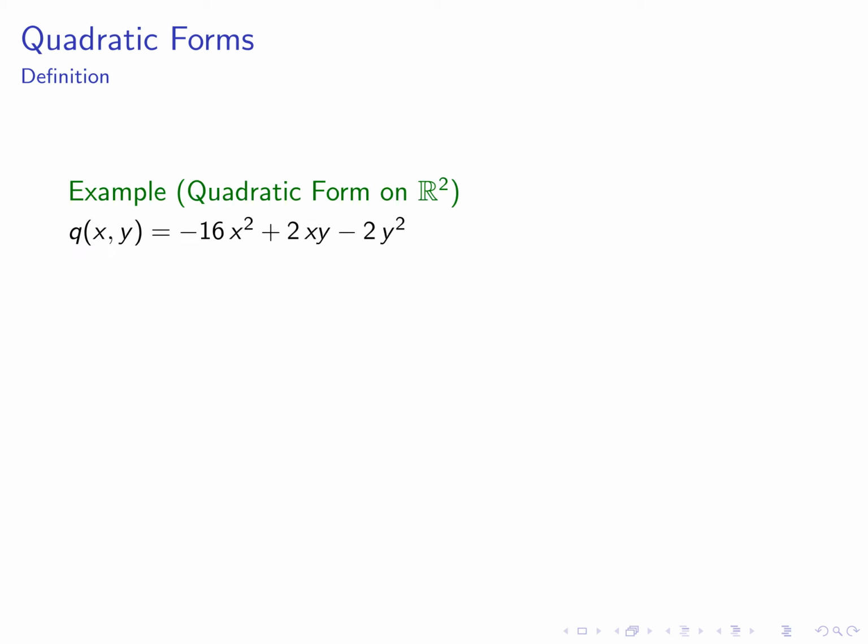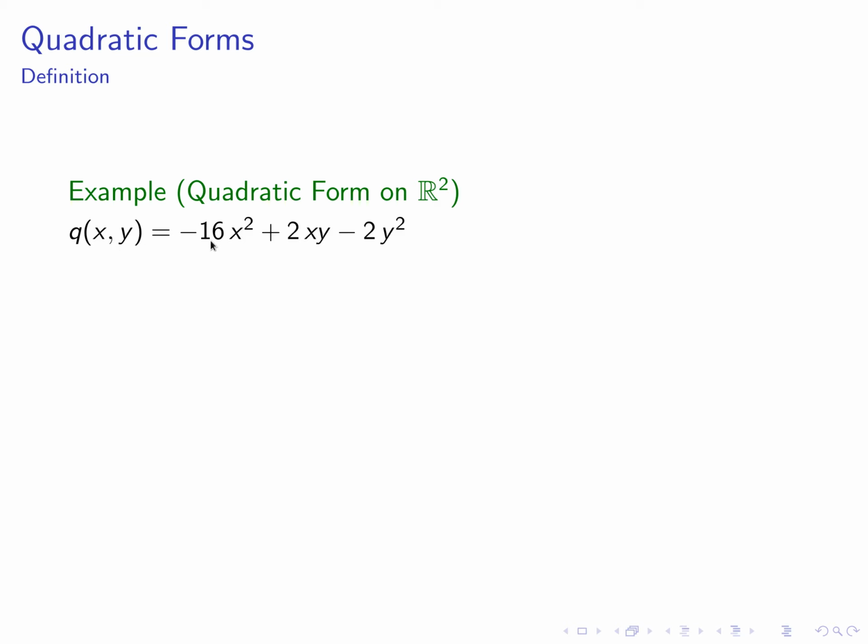So I think rather than focus on the definition, we might get a little bit more out of looking at examples. So our first example here is of a quadratic form on two variables. Here, the two input variables are labeled x and y. And according to the definition, the formula for this quadratic form must be a sum of terms where each term is a choice of two of the input variables with replacement, and then we scale that product by any scalar we want.